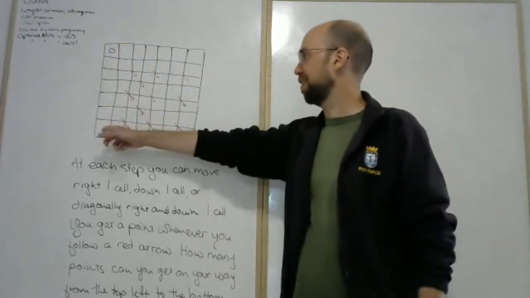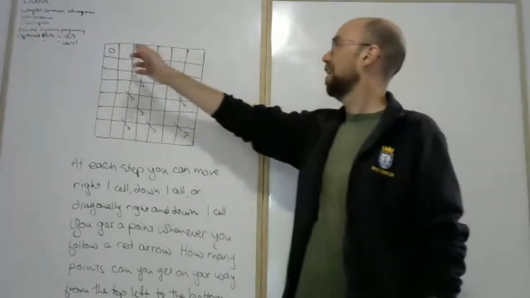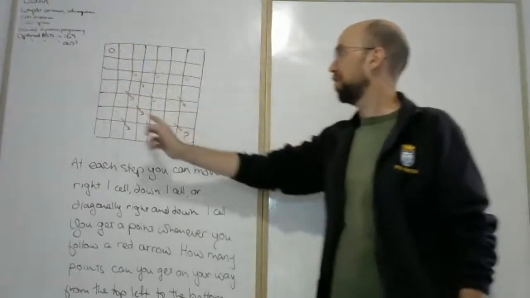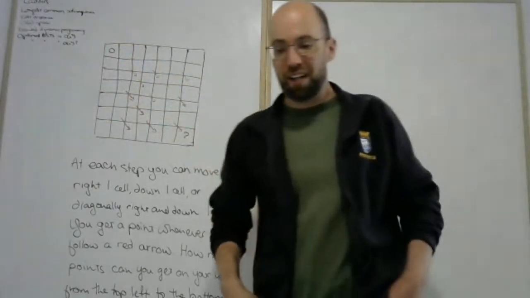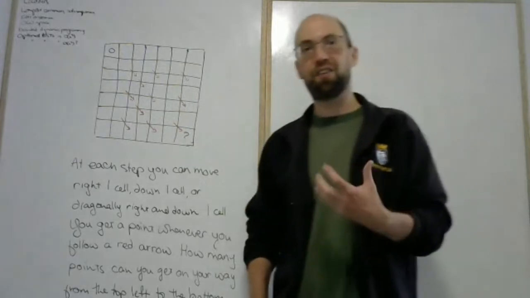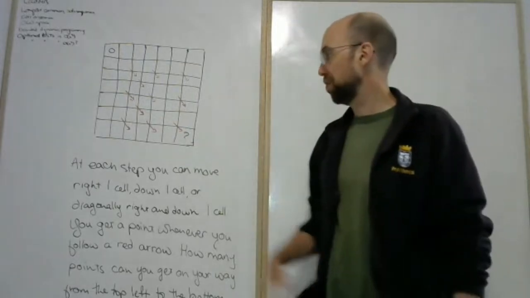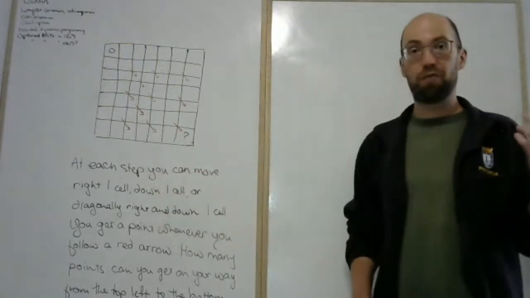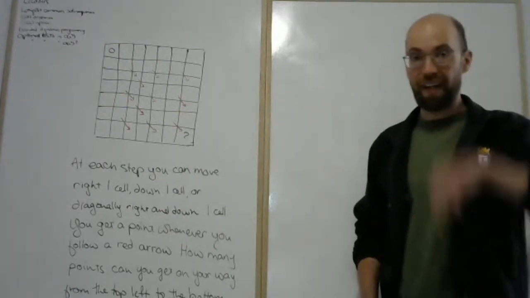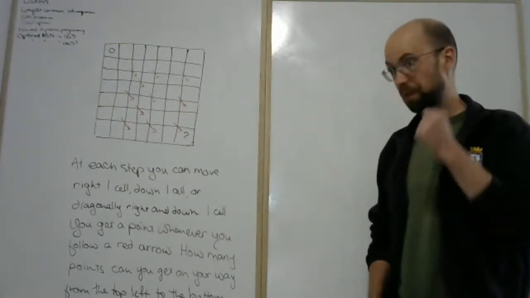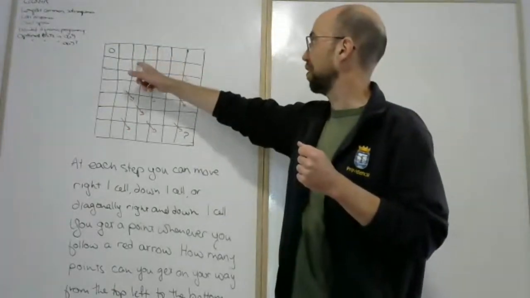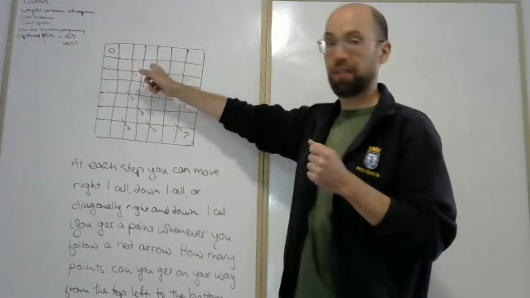In snakes and ladders, you're trying to get from the bottom left to the top right. I could have done it like this, but I'm trying to get you from the top left to the bottom right, and you want to cross ladders, okay? Ladders are the red arrows. So at each step, you can move right one cell, or down one cell, or diagonally right and down one cell. So you can go from here to here, to here, or to here, okay?